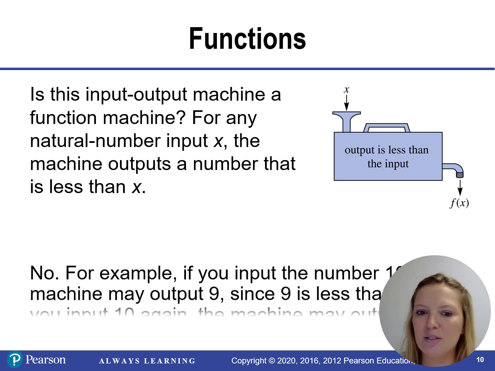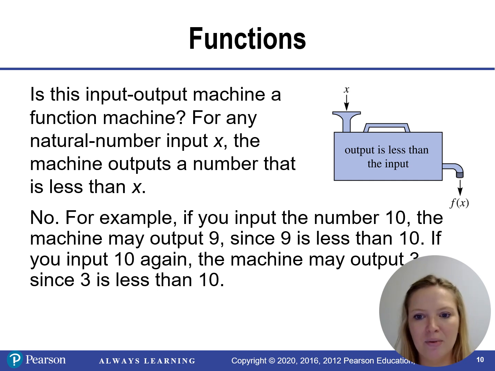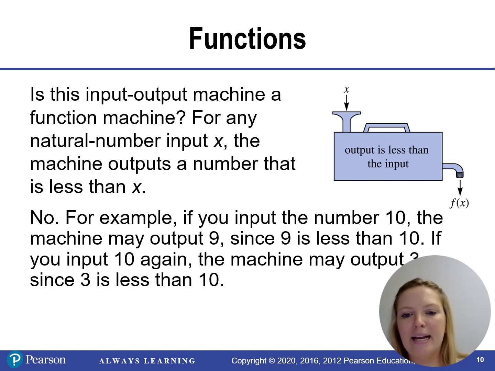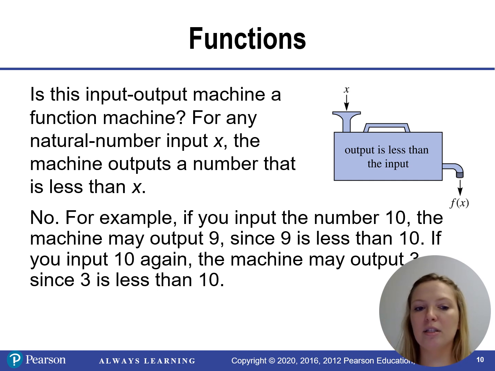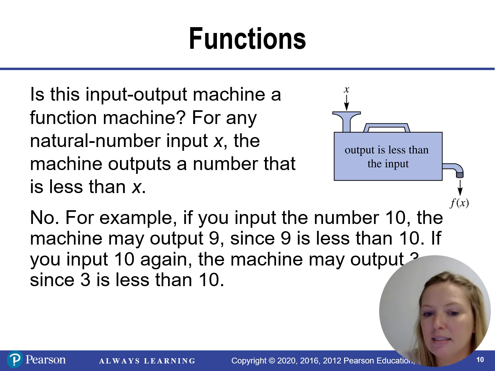In this case, this is not a function, because if we put in the number 10, we could yield an output of 9 because 9 is less than 10, but we could also have 10 input and the machine output 3 because 3 is less than 10. So that's not a function.